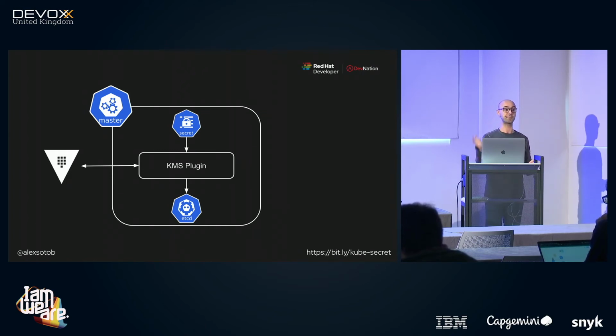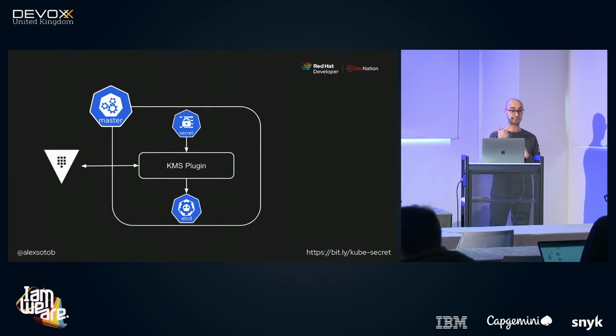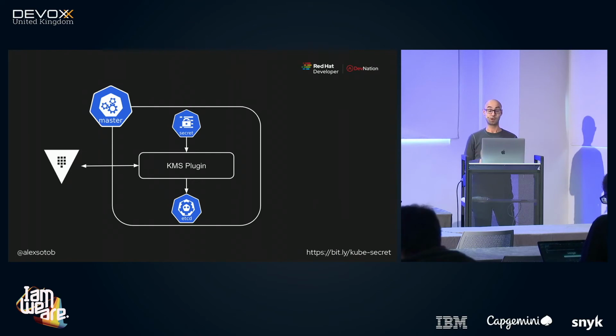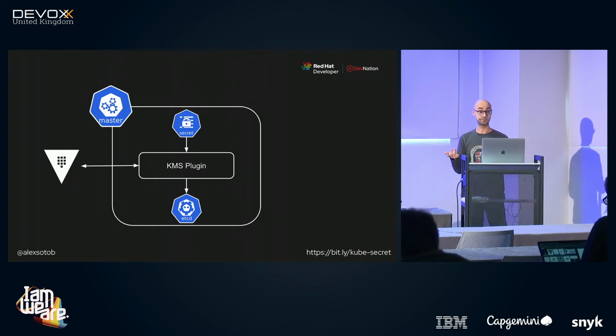So if your primary node is compromised, OK, the attacker will go to the etcd, will get the values which are encrypted, will start looking for that key in your primary node, and they will find nothing. What happens if your key management system is compromised? OK, the attacker will get the key, but that's all. They have the key but no data.